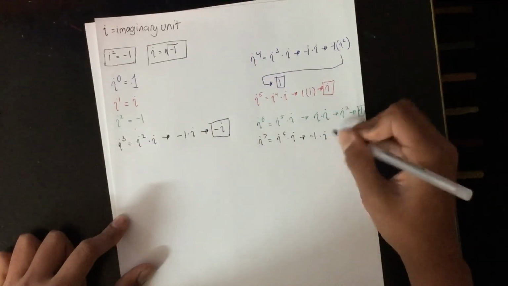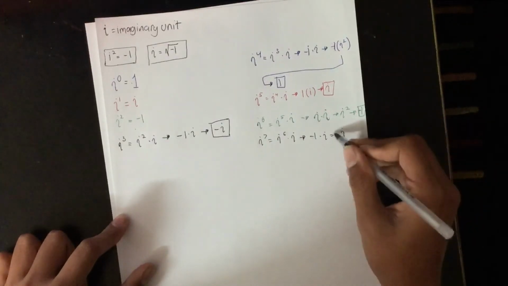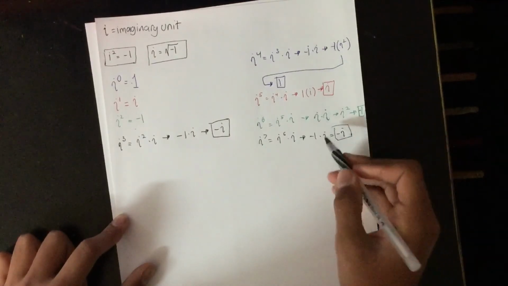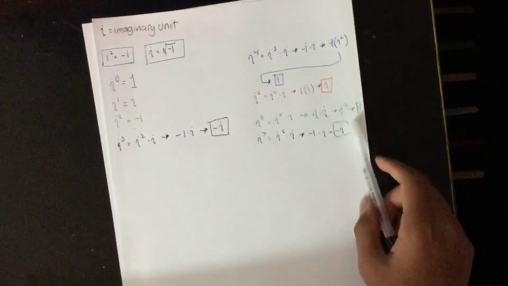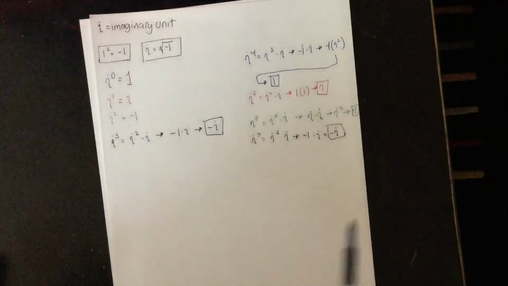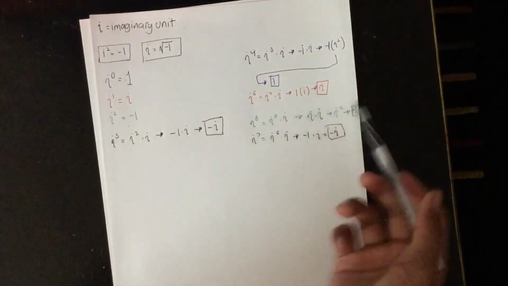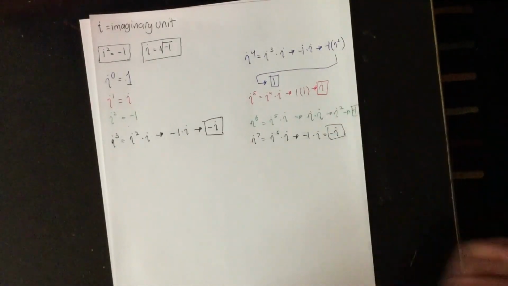Negative 1 times i is equal to negative i. I hope you got the basics of this, and in future videos, I will be talking about how to find the value of i with a much larger number, like 43 perhaps.